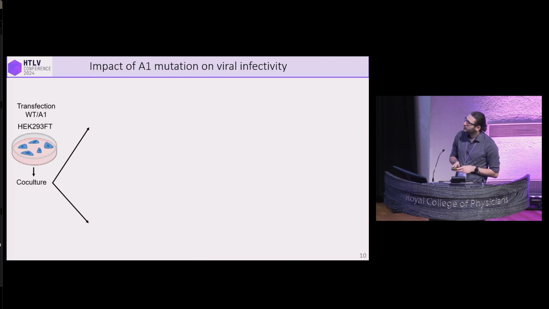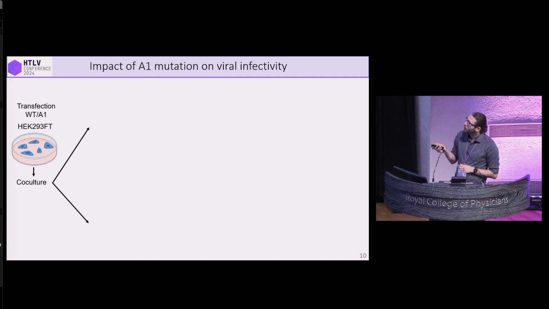Then we wanted to see if the A1 mutation affected viral infectivity, so we constructed a complete provirus with that A1 mutation located in the LTR, and we measured the impact on viral infectivity using 2 different co-culture experiments.